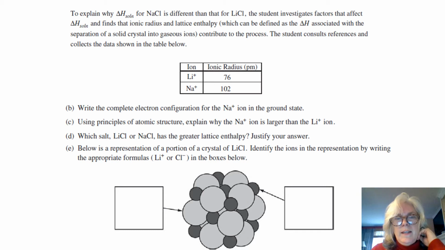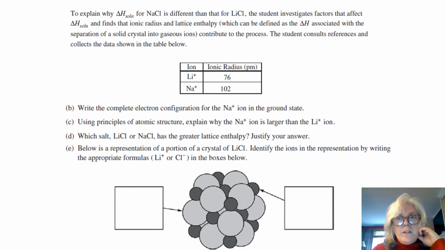And they look at the ionic radius. If you look at the ionic radius, my radius for sodium is larger than my radius for lithium. And this is in your first period, this is in your second period.